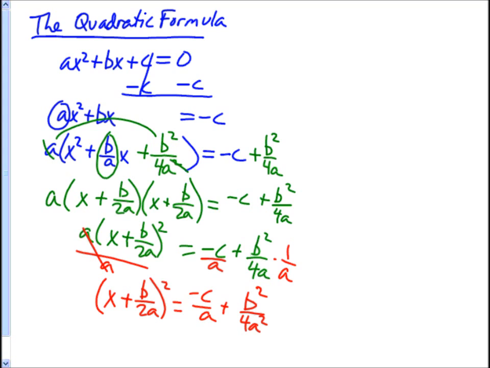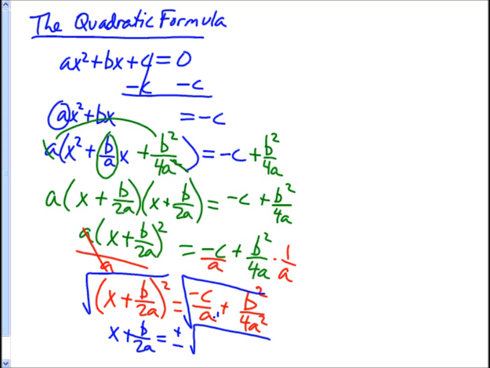All right, here at this point now, we're going to go ahead and square root both sides. Square root this perfect square here. So then we have x plus b over 2a equals plus or minus the square root of, and I'm going to get a common denominator for these two as well. So I got 4a squared on both of those, okay?